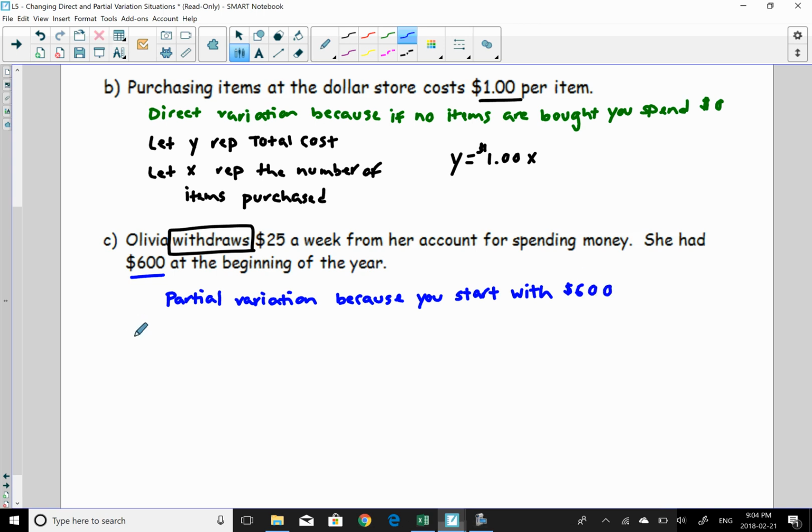So I'm going to let y be how much I have in my bank account, or Olivia's bank account. Because that's my dependent. And my independent is, I'm going to use x, and that's just how many weeks go by.